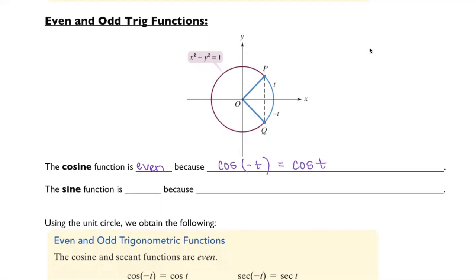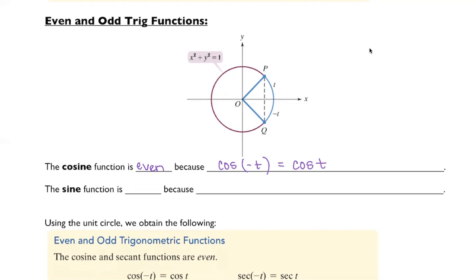Remember our test for even and odd functions when we were talking about non-trigonometric functions is you evaluate f of -x. In this case, we're looking at -t. If everything stays the same, your function is even. If everything switches to the opposite, your function is odd.